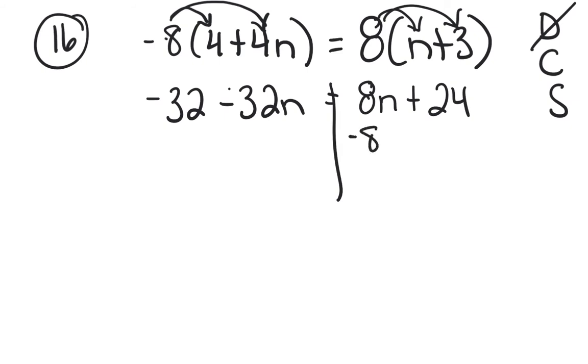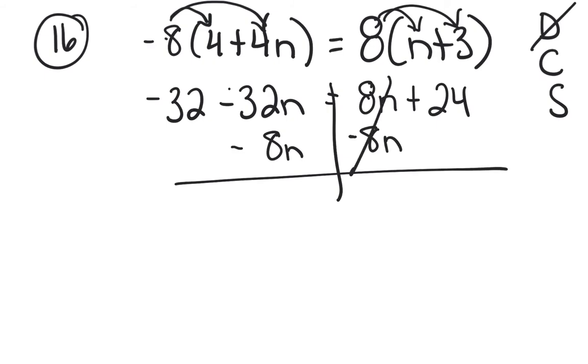I'm going to subtract 8n and subtract 8n on this side. So that gets rid of my variable over here. And I don't recommend doing multiple steps on this part of it. So we have negative 32n minus 8n leaves me with a negative 40n, which is equal to, we are just left with 24.